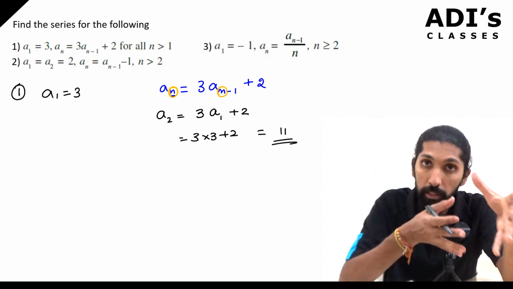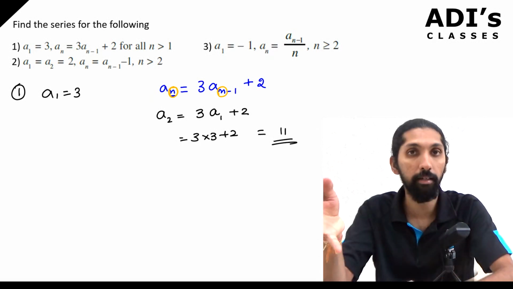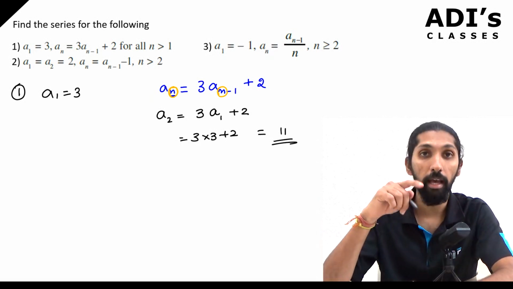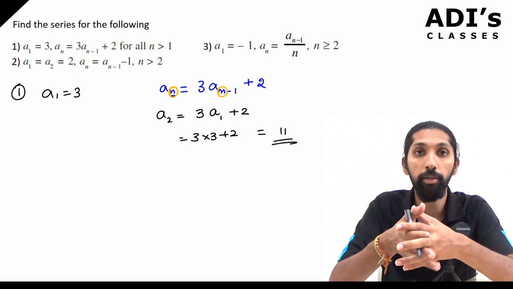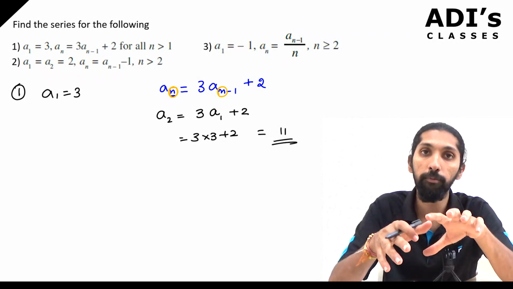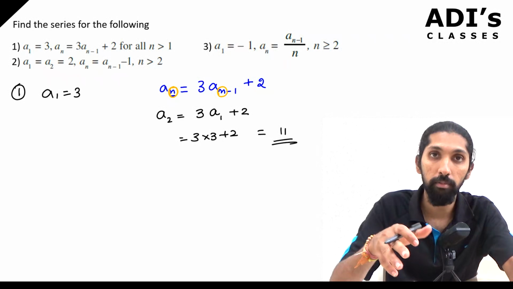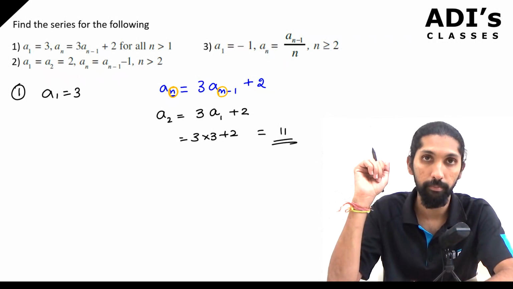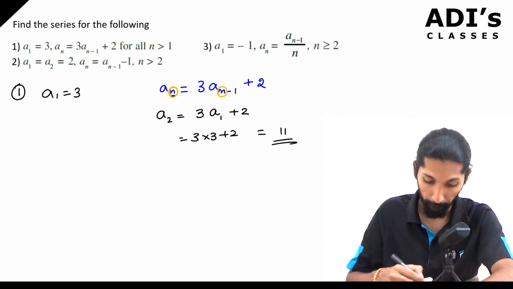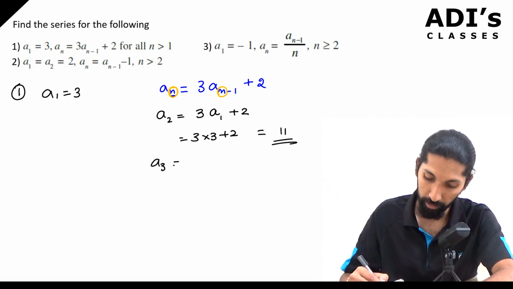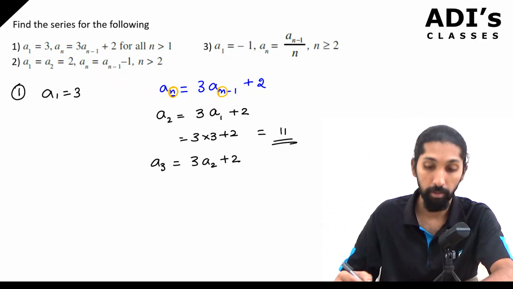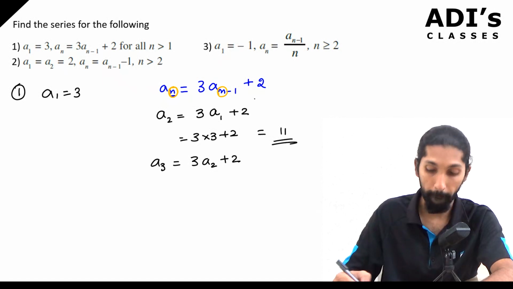Now for the third term, we have to use the second term because it's a_(n minus 1), isn't it? So whatever term you are going to figure out, we have to use the previous term and then solve it. So now a3 is going to be 3 times a2 plus 2, correct? Because a_(n minus 1).